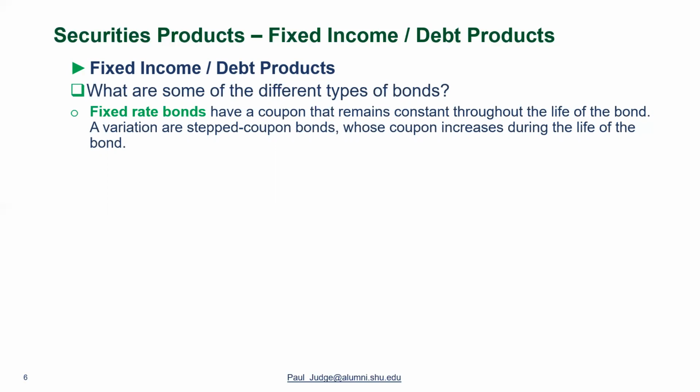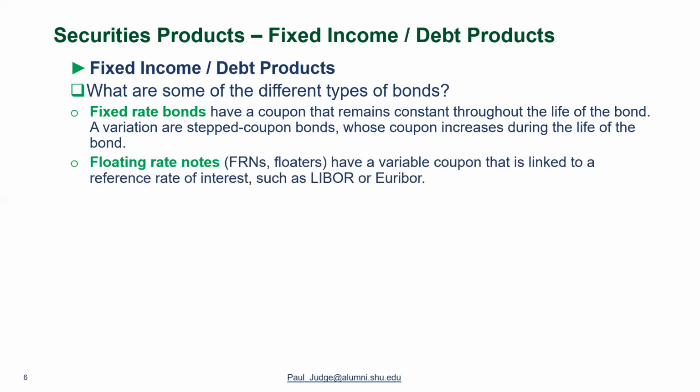Let's say this is a 6% bond. So it'll have a coupon or a dividend payment or interest payment, so that throughout the life of this bond, each of the payments is going to be 6%. You're going to get paid 6% on this bond. That rate doesn't vary through the life of the bond.